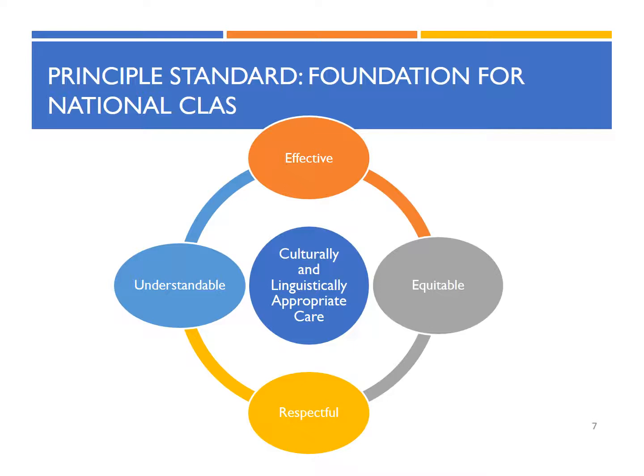The components of culturally and linguistically appropriate care shown on this slide are taken directly from key documents and research used to update the CLAS standards in 2013 and further support the work of behavioral health practitioners who are focused on improving behavioral health services for the populations they serve.